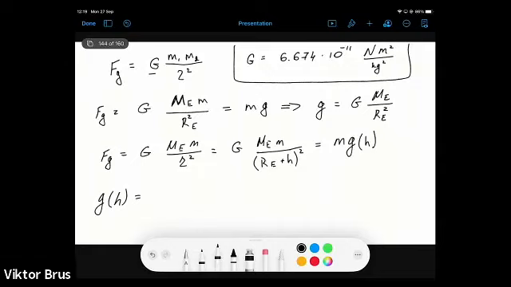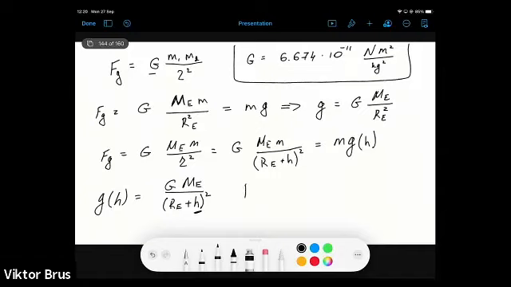It will be equal to the gravitational constant times the mass of the planet, in our case it's Earth, divided by the radius of the Earth plus height in second power. So this acceleration of free fall is a function of height. It will reduce with the increase of height. So this h is in the denominator.